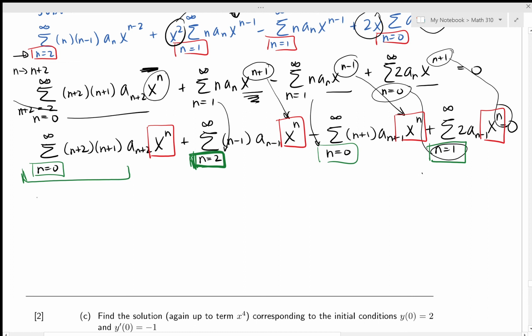So this is 2a2, the n equals 0 term from this sum. And the n equals 1 term looks like this, 6a3x, and then I have the rest of them starting at 2, which I'm going to put over here.